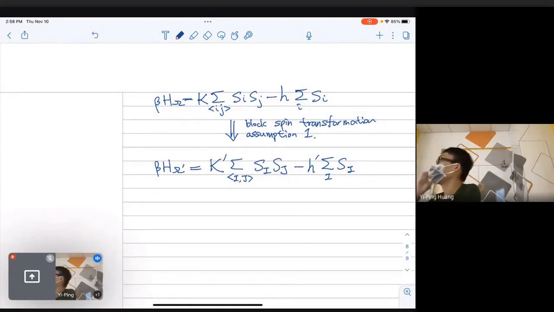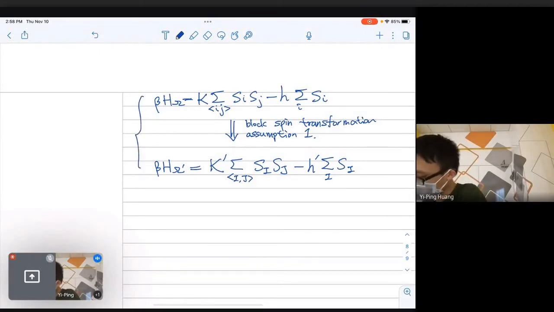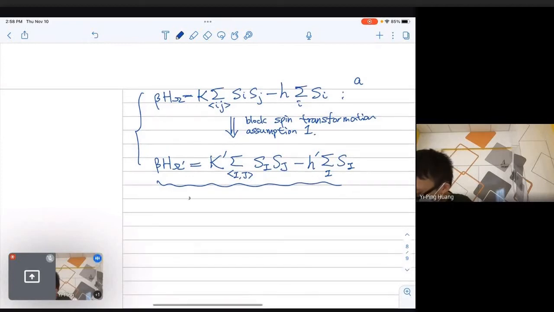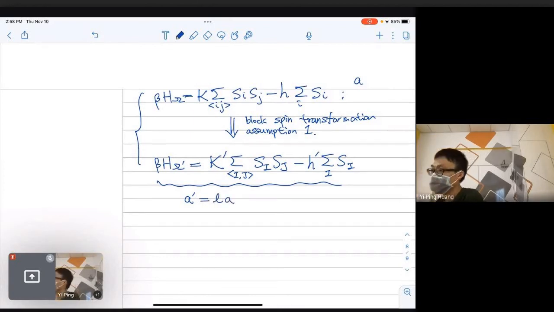Formally, if we try to write it down on the lattice model, it seems like that's what we are trying to say. But in this block spin model there's another difference: the original model is defined for the lattice constant A, but after you do the block spin transformation, the lattice constant A prime is now L times A, because you coarse-grain your block spin by length scale LA.